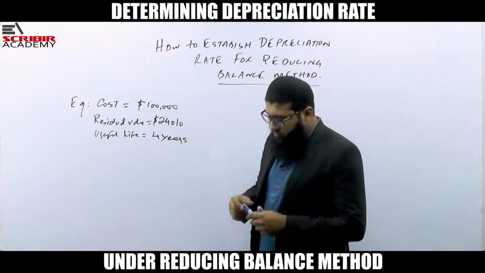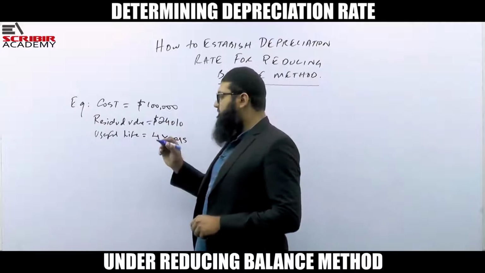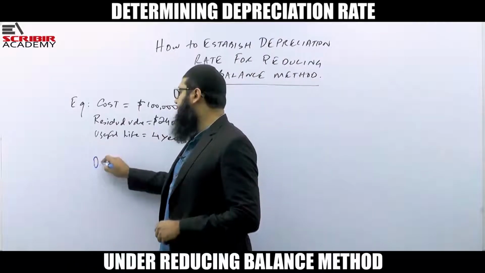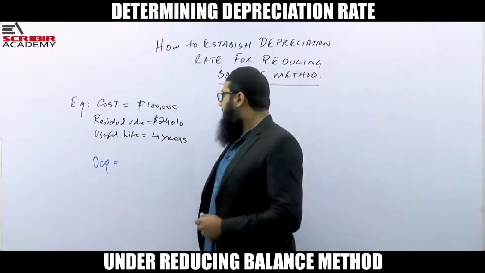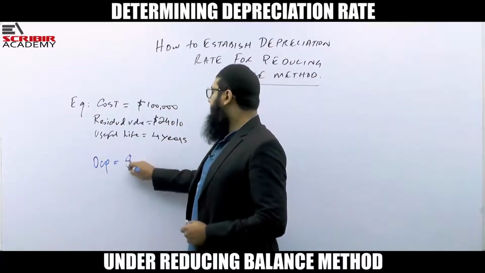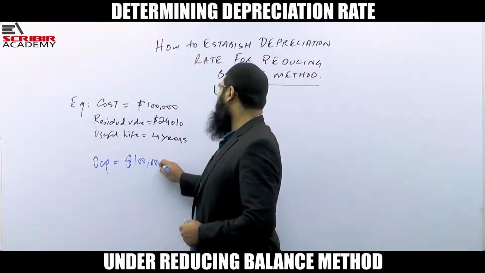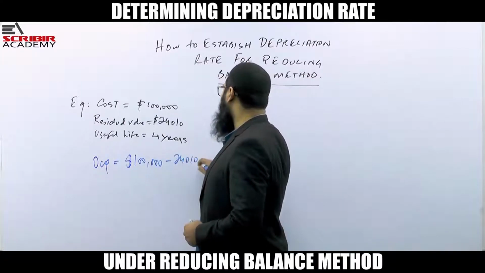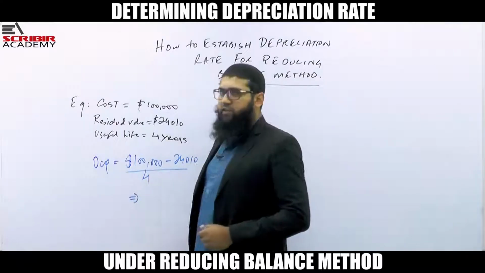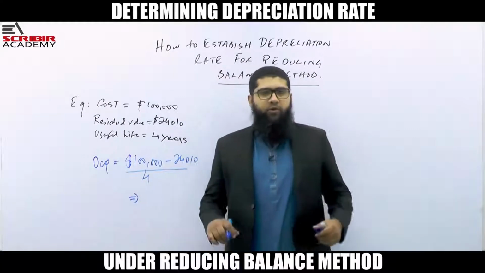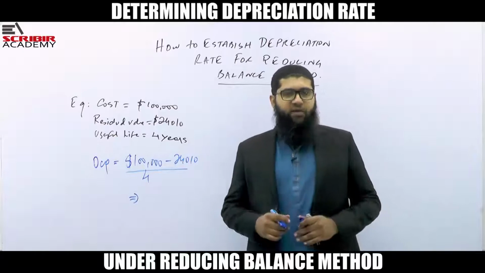Now, if I have to calculate the depreciation under the straight line method, what am I going to do? I'll simply say 100,000 less 24,010, divided by 4. So I will get the depreciation expense per year.